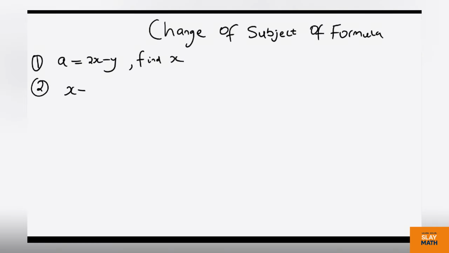The second question is: x is equal to 2 pi r squared. Find r. The last question is: y is equal to ax plus c over bx plus d.